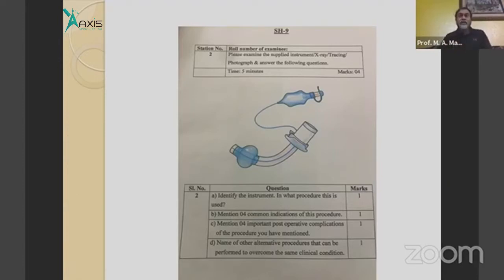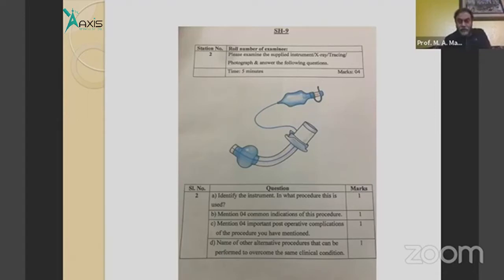And in case of lung abscess or bronchiectasis, for cleaning of the tracheobronchial tree, that is called tracheobronchial toileting, in case of lung abscess or empyema. So these are the common indications of tracheostomy. In your answer, you can classify the indications as obstructive, supportive and so on.